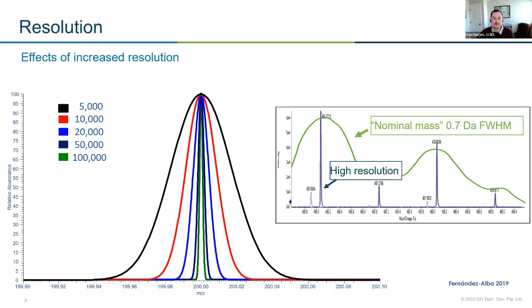So maybe with a resolution of 5,000, that feature could potentially fit these 50 chemical formulas, versus 10,000, where maybe that feature could fit 10 of these chemical formulas, and then all the way to maybe something like 50,000, where it's really between these 2 chemical formulas or this 1 chemical formula. So as your resolution increases, you get a bang for your buck there that we're going to exploit when we do some of this suspect screening and non-target work.